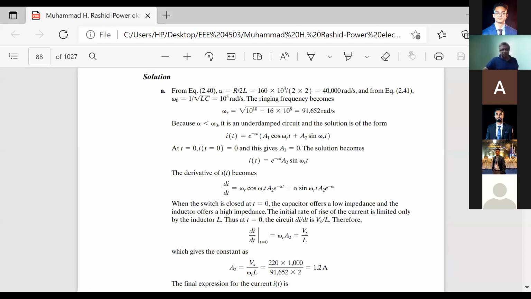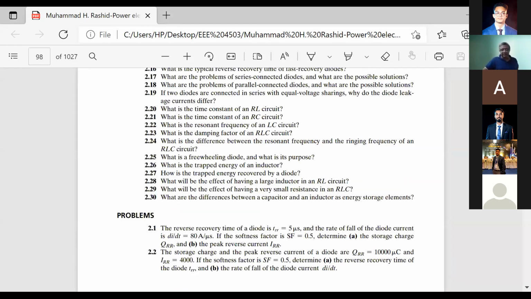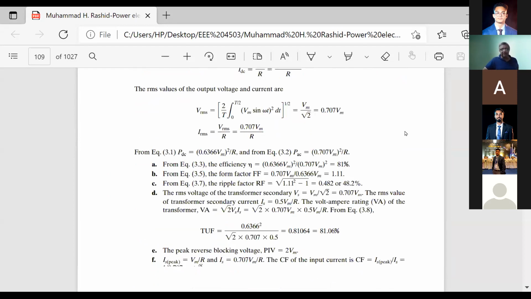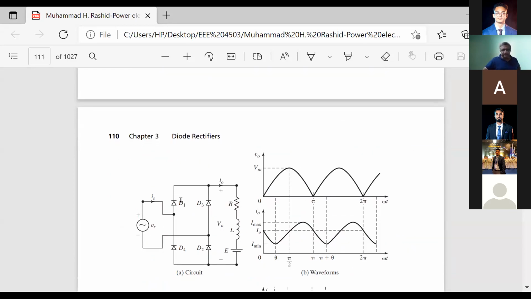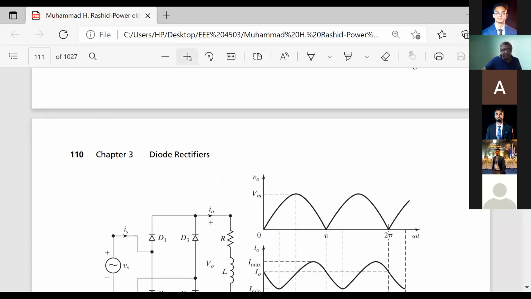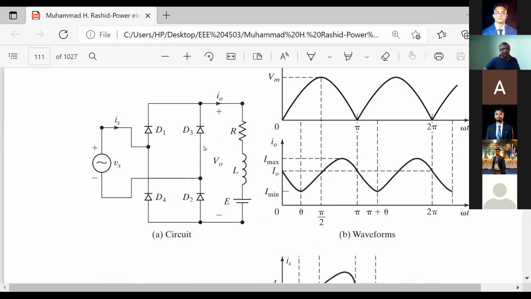Okay. So this will be a reading assignment. Here, this is the full wave rectifier with RL load. We call it the representation of the DC load.